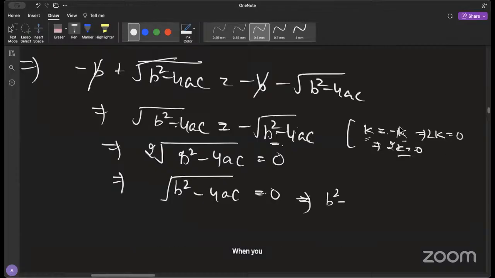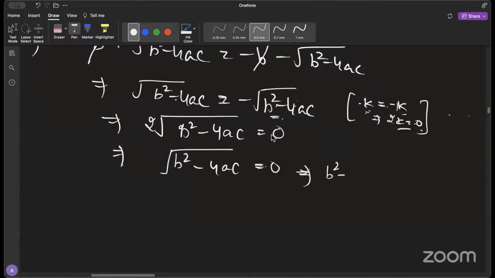When you have a negative thing here, you take it to the other side and it becomes positive, because you add positive k to both sides. Add k here, add k here. This becomes 2k equals 0. That's what we've done in this one.